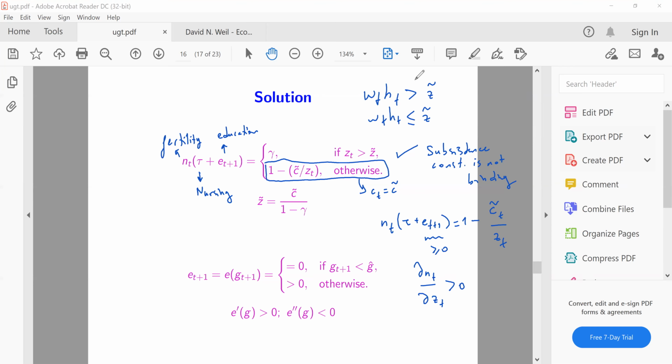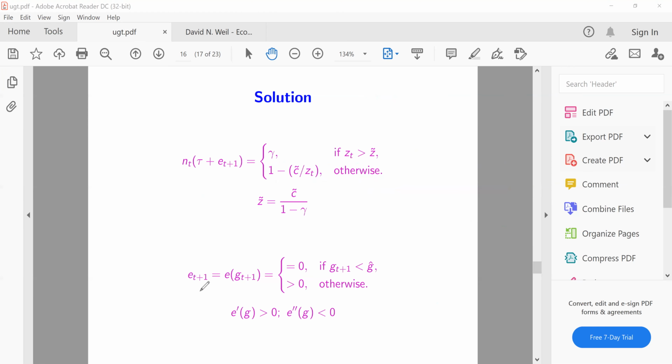The behavior of education is like this. So there is an implicit function again here. And there is this threshold growth rate. So if growth is sufficiently small, less than g hat, then people optimally choose not to invest in the education of their kids. Why? Because technology is sufficiently less progressive.